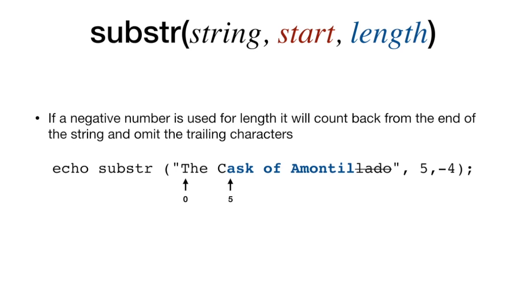So it starts here. And we want it to be of a length that's 4 characters away from the end of the string. So -1, 2, 3, 4. And so we get "ask of am ontil". So this -4 here means we want to strip off the 4 characters from the end of the string.